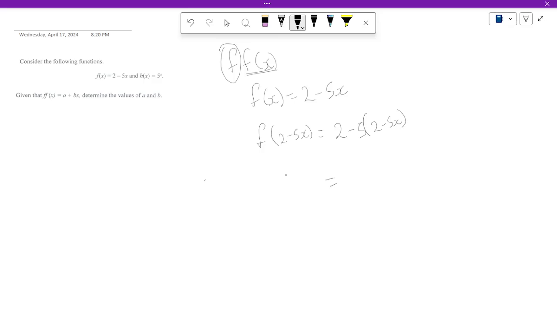So what we have here now is 2 minus 5 times 2 is 10, 5 times 5 is 25. And then we're going to write our x here. So what we have now is minus 8 plus 25x, meaning that for our value of a, it's going to be minus 8, and for b, it's going to be 25.